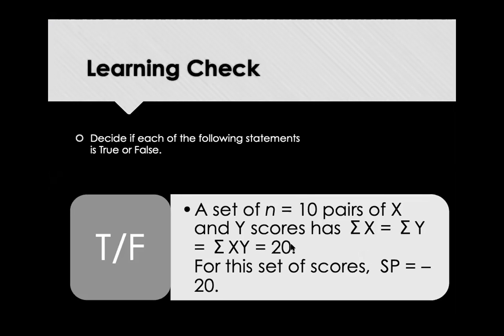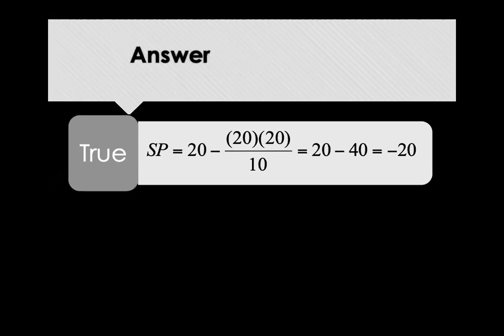Okay, let's do a few learning checks. True or false, a set of n equals 10 pairs of x and y scores has sum of x equal to sum of y equal to the sum of x and y is 20. For this set of scores, sum of products equals -20.